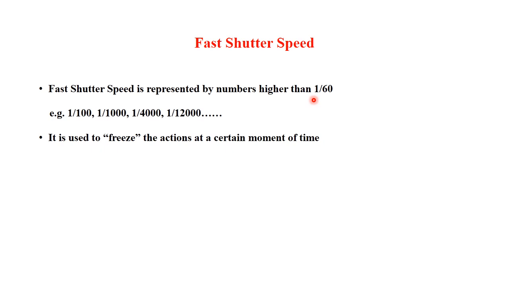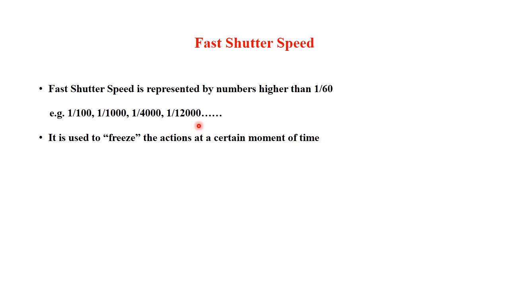So 1 by 60 is the normal shutter speed, and when you go above 1 by 60, like 1 by 100, 1 by 1000, 1 by 4000, 1 by 12,000, it is the fast shutter speed, right?